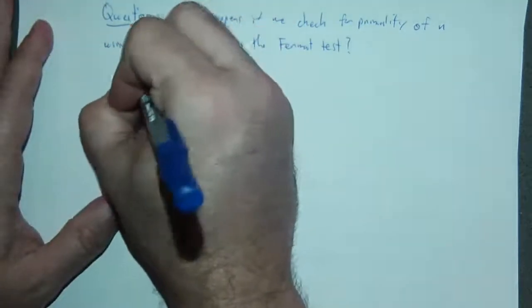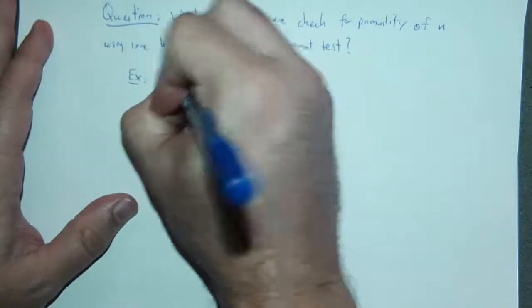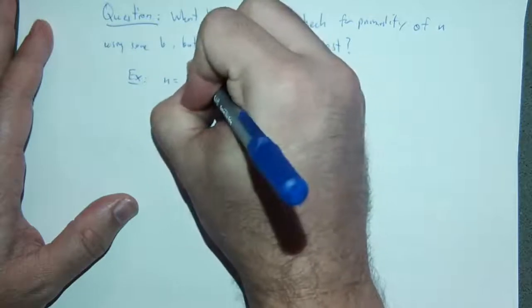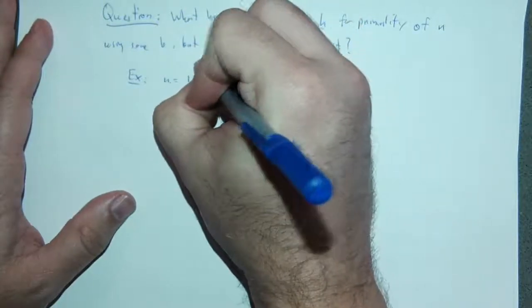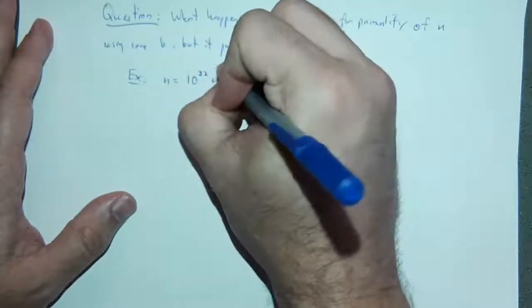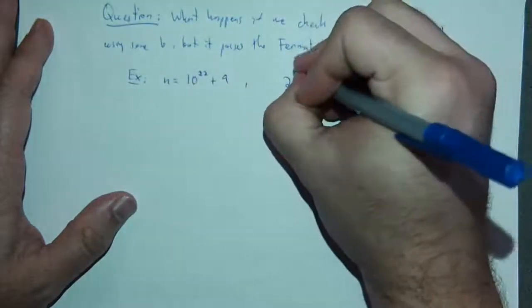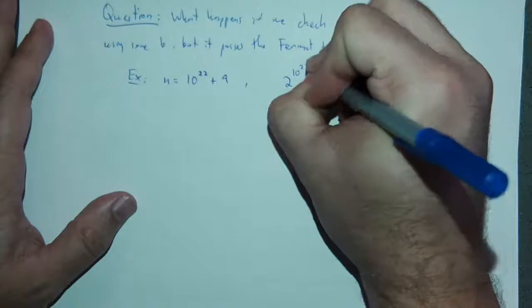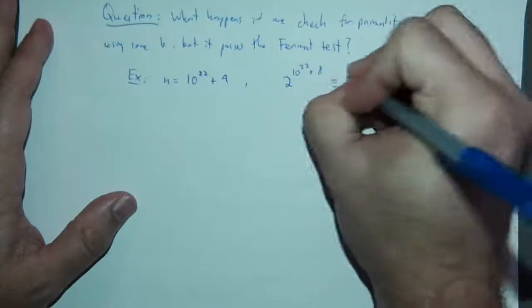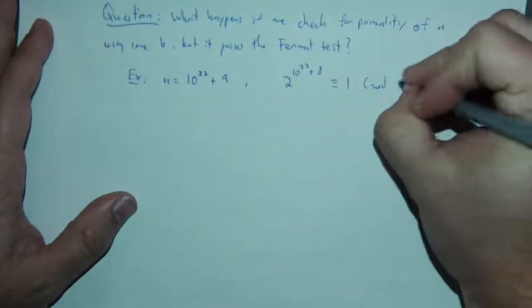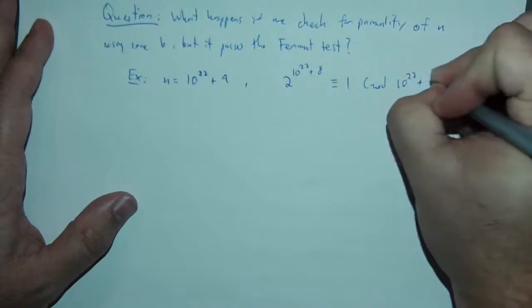Example, if n is 10 to the 22nd plus 9, 2 to the 10 to the 22nd plus 8 is congruent to 1 mod 10 to the 22nd plus 9.